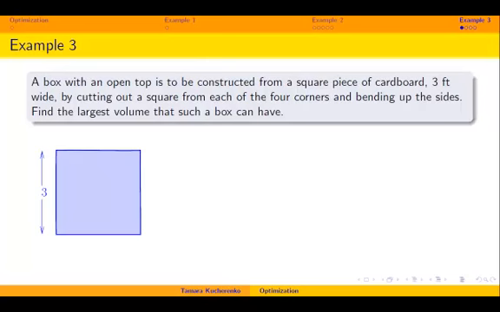We start with a square piece of cardboard 3 feet wide. Then we cut out 4 squares from the corners. We bend the sides up and construct a box. Our goal is to figure out the size of the squares we need to cut to obtain a box of the largest possible volume.